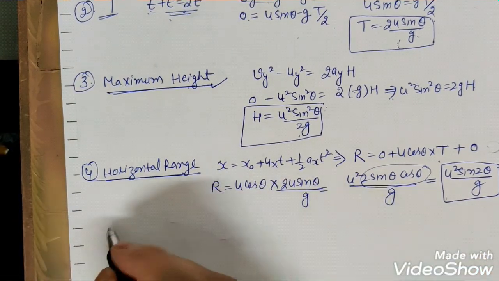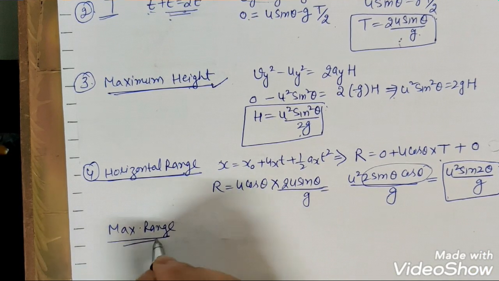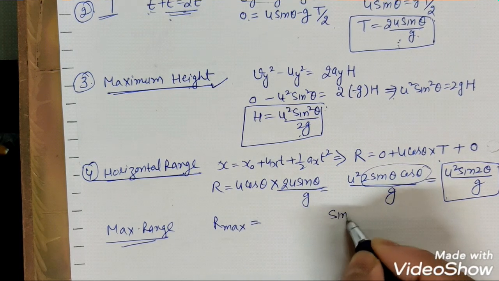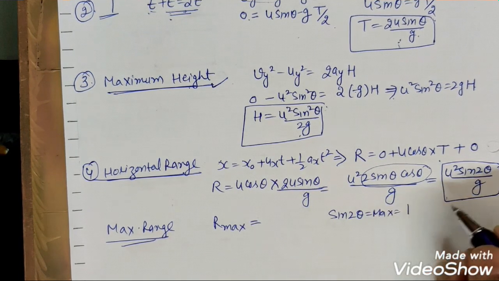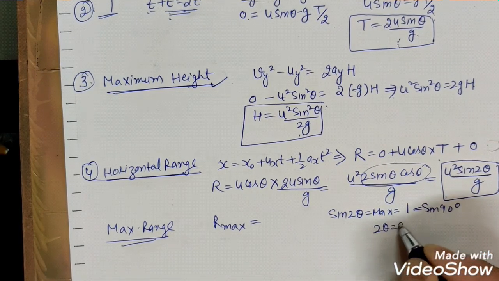In this case, the maximum range will be when sin 2 theta is maximum, meaning it is 1. And at what angle is the sine 1? Sine 90 degrees. So 2 theta is 90, or theta is 45.